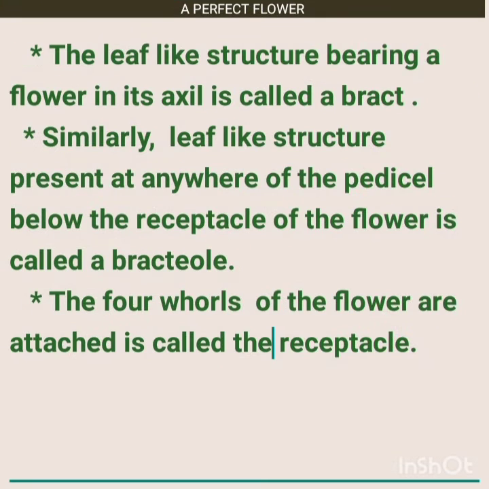The leaf-like structure bearing a flower in its axil is called a bract. A similar leaf-like structure present anywhere on the pedicel below the receptacle of the flower is called a bracteole. The receptacle is where the four whorls of the flower are attached.